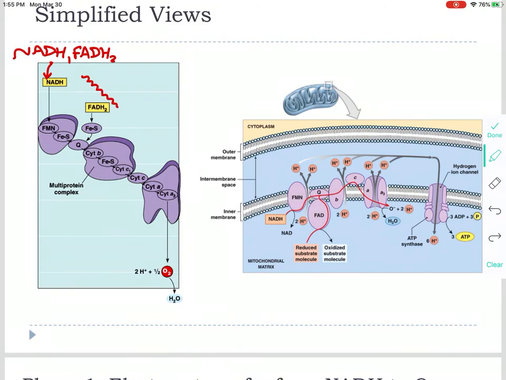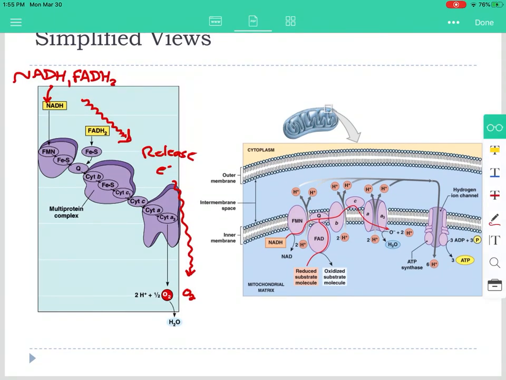All right, so these come in from the Krebs cycle, and they're carrying their electrons down this chain. That's why this picture looks like that. They're carrying electrons down that chain. But eventually, they release their electrons. And because those electrons have been released through the magic of more chemical reactions, we produce oxygen.